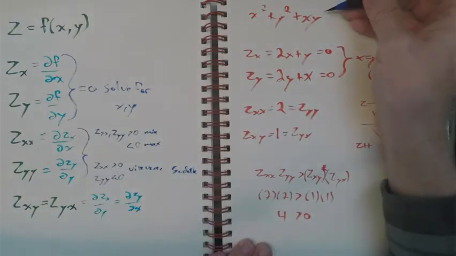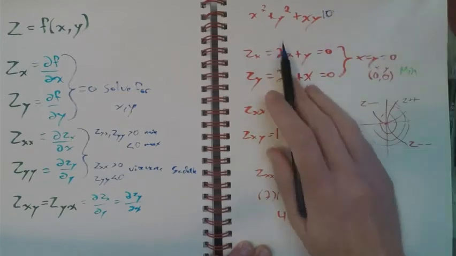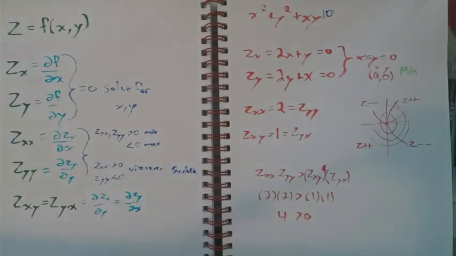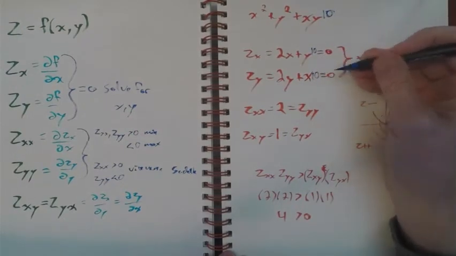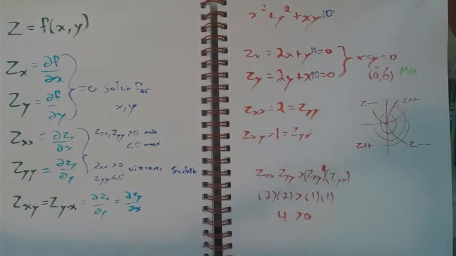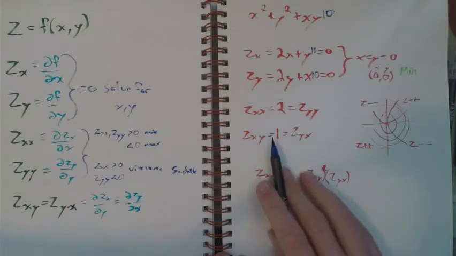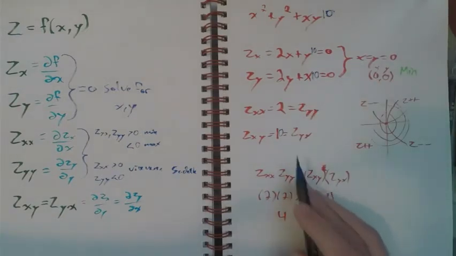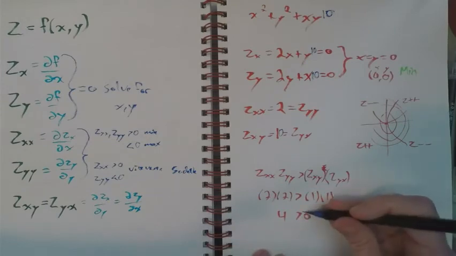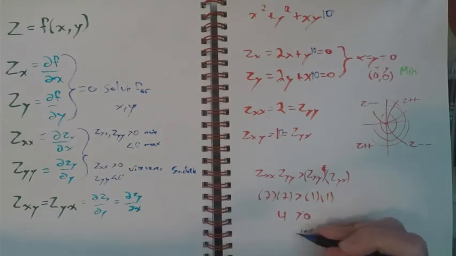Let's throw in, let's say, 10. So x squared plus y squared plus 10xy, well, our derivatives are now going to be 10y and 10x. Putting it to the right because that's where I've got a little bit of space. So now this is going to be 10. So now this is going to be 100, which is going to be less than 4.